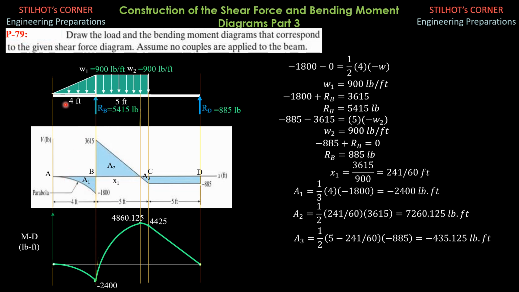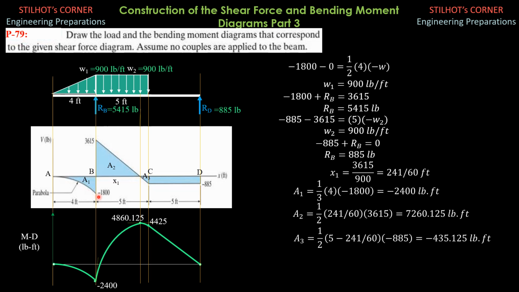Beginning with the construction of the load diagram, we have the beam. From A to B, we have a smooth parabola with tangent, of course, from the figure horizontal at A, then it becomes negative 1,800 pounds at B, just to the left.